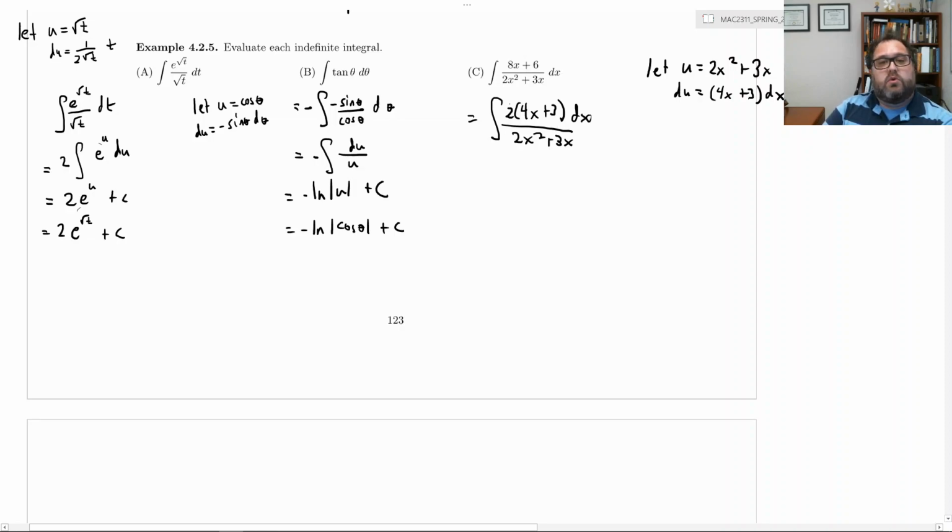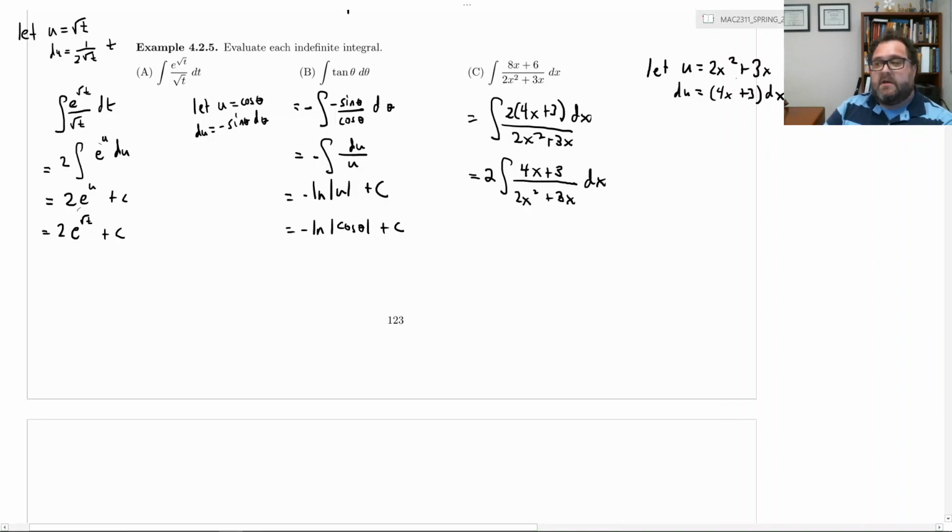And then what is 2? So 2 doesn't need to be there. If I can get rid of that 2, then I have du exactly. And of course, 2 is a constant. I can factor it out, which leaves me with a numerator of 4x plus 3 dx over 2x squared plus 3x.